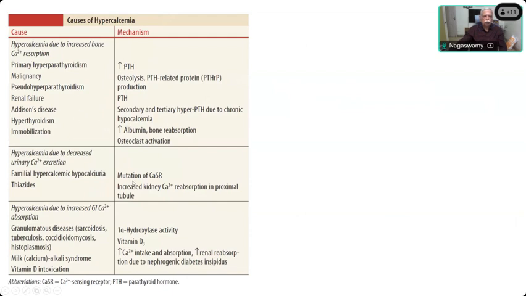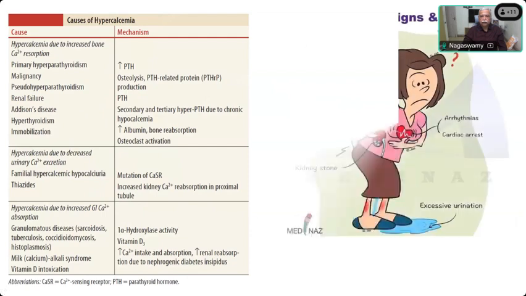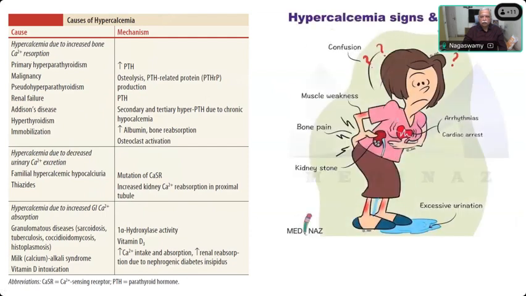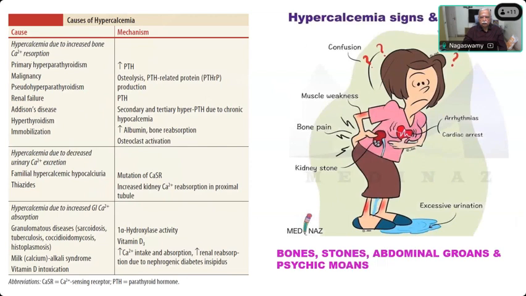And how they are caused, with the mechanism: an increase in parathormone, and here a mutation of calcium receptors, and here more absorption due to the activity of vitamin D. So this picture shows the various systemic effects: bones, stones, abdominal groans, and psychic moans is the mnemonic to remember hypercalcemia.